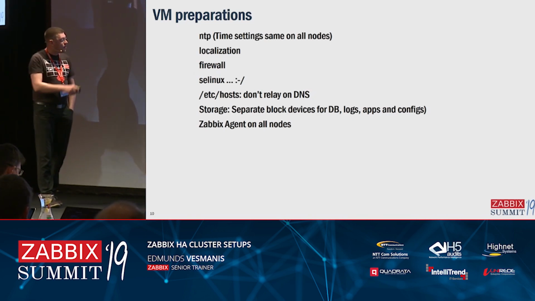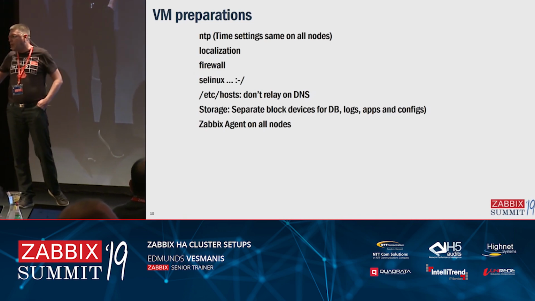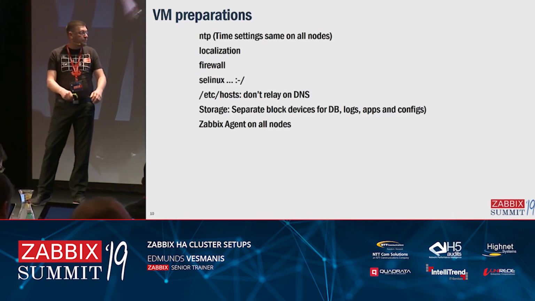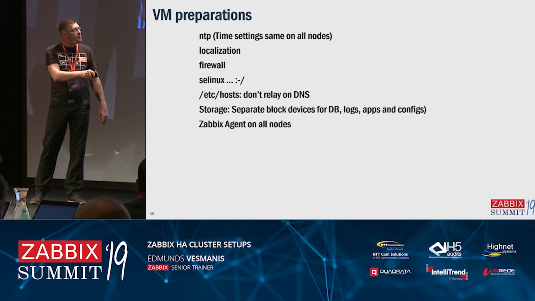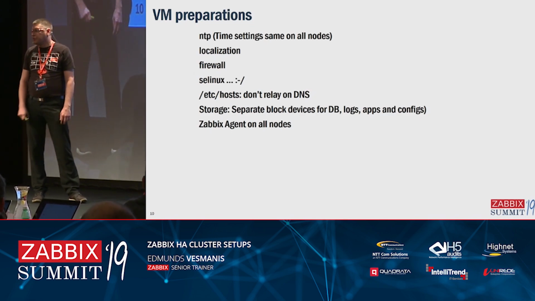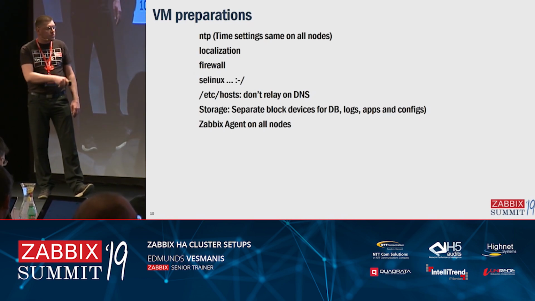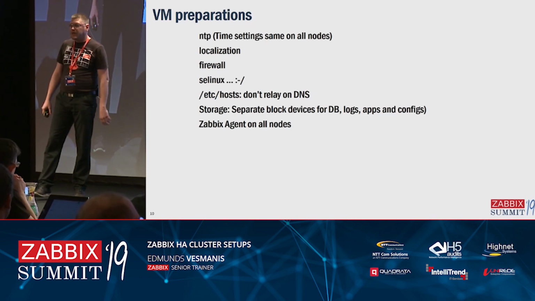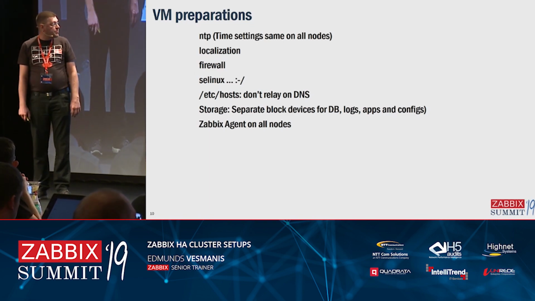Of course, the /etc/hosts file, and storage, where and how you put your data. I would recommend keeping DB, logs, and apps and configuration on separate block devices. And of course, we need the Zabbix agent, as I mentioned, with remote commands and set up with proper IP addresses.